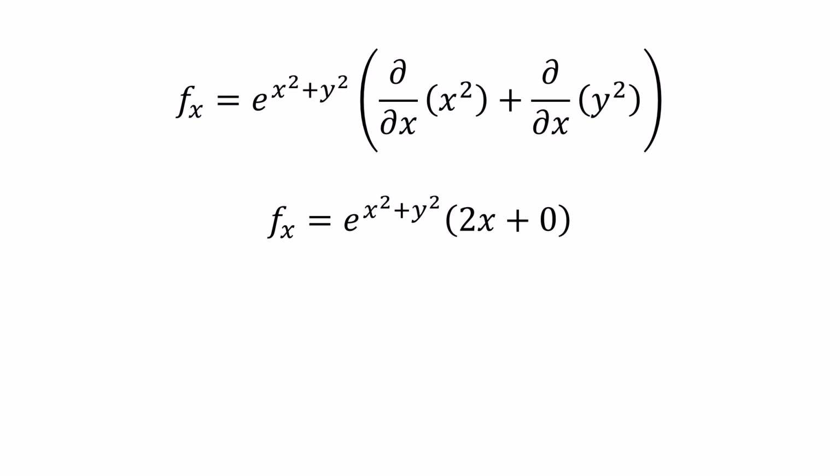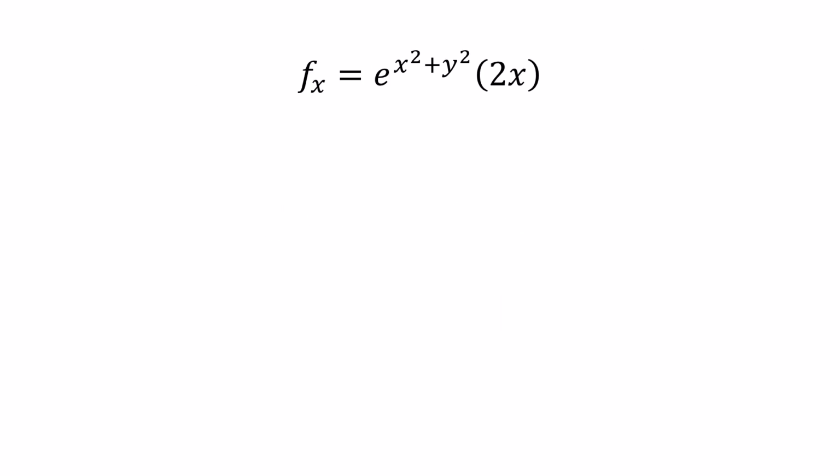Adding, we obtain f_x = e^(x²+y²) times 2x. Multiplying, we arrive at a final answer of f_x = 2x times e^(x²+y²).